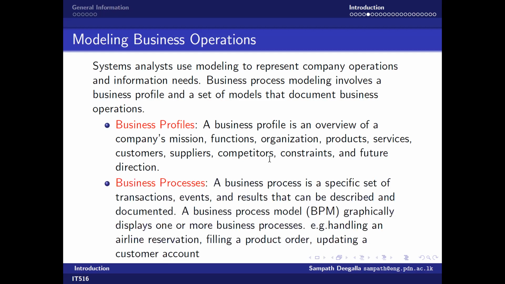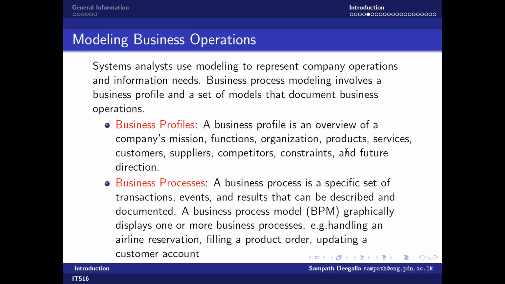Right, now let's move on to the business processes. When you look at business processes, to meet all these company missions, you have to have different processes and events, which result in outcomes you can describe and document.